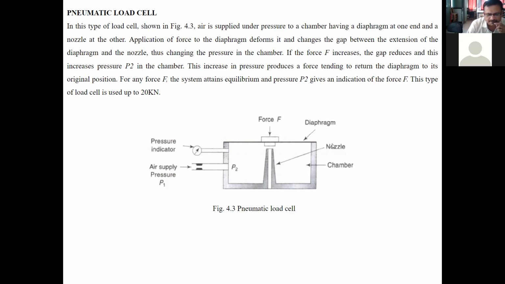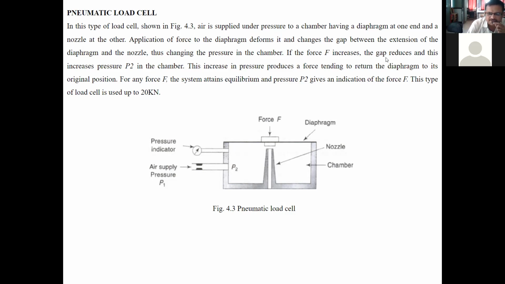Application of force to the diaphragm deforms it. First of all, we can apply the force here, and this diaphragm will deform like this. It changes the gap between the extension of the diaphragm and the nozzle, thus changing the pressure in the chamber.